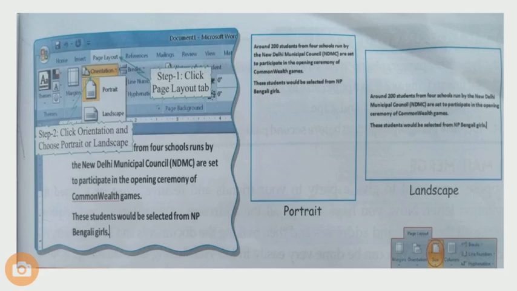Portrait and landscape pages are given. Landscape means the horizontal page and portrait means the vertical page. So students, when we want to print our page, then we have to select our page orientation.